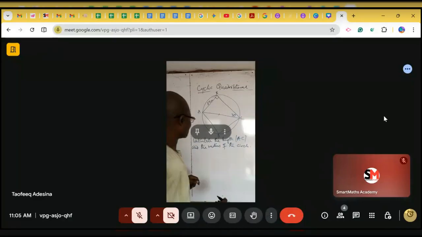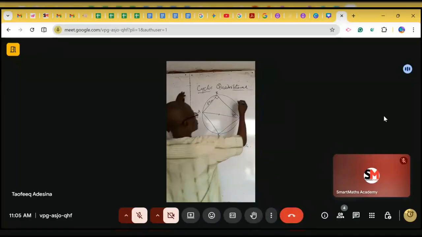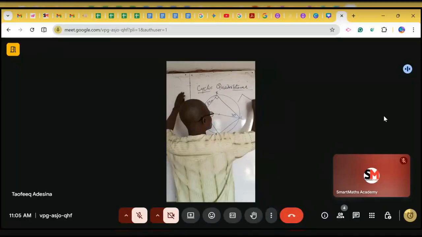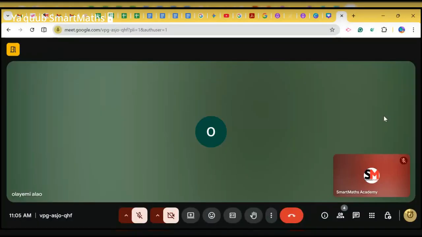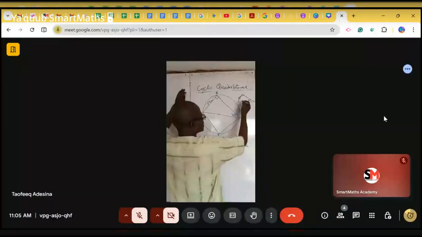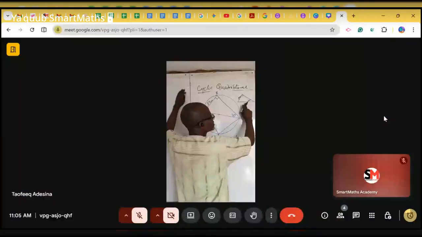Now, to apply trigonometric ratio, let me go into the angle for you to see what we actually do. This is 30 degrees. This is 5 centimeters. And this is 90 degrees. This is opposite over hypotenuse. That is sine.